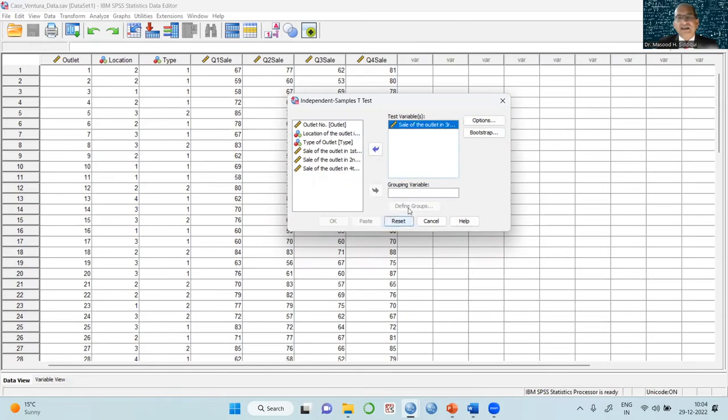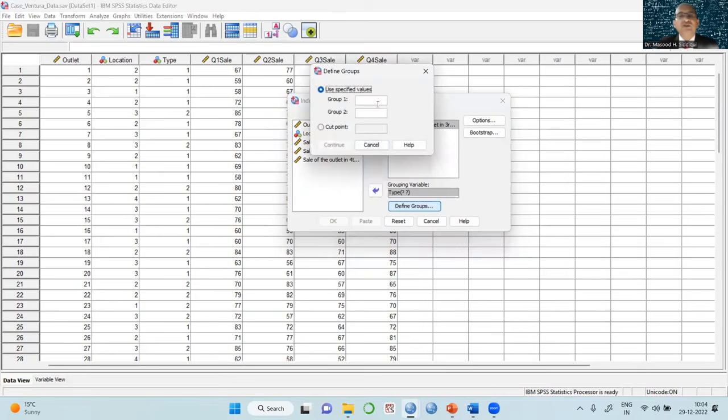Now, the second box is related to the grouping variable. Here we will be selecting the type of outlet. Remember, the rural and urban classification is as per the type of the outlet. So we select the type of the outlet and enter that in the grouping variable. Now it is asking us to define the groups. So we can define groups as 2 and 1.